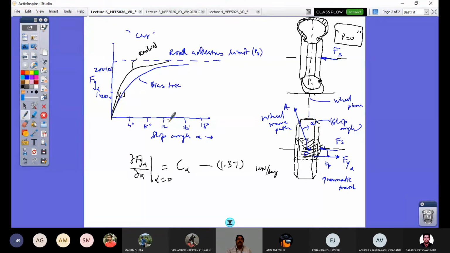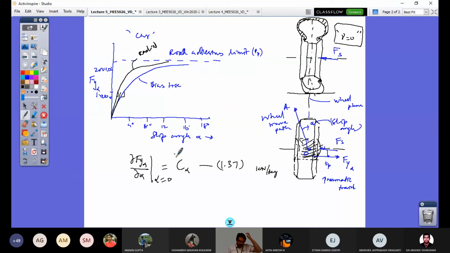That's an advantage and a reason why motorcycles still use bias tires instead of radial tires. Of course, nowadays sporty two-wheelers with radial tires are coming. That's something you can update, right? So with that, you see an important definition.